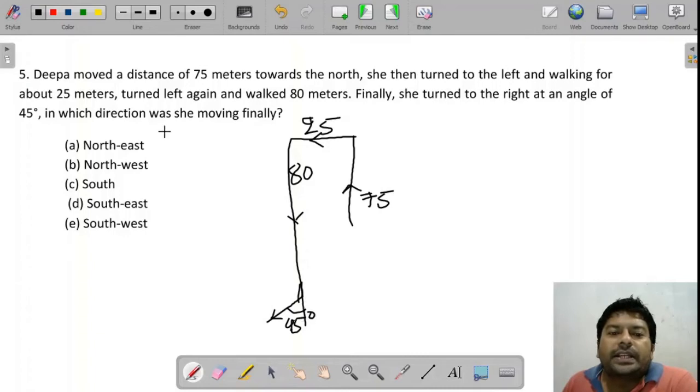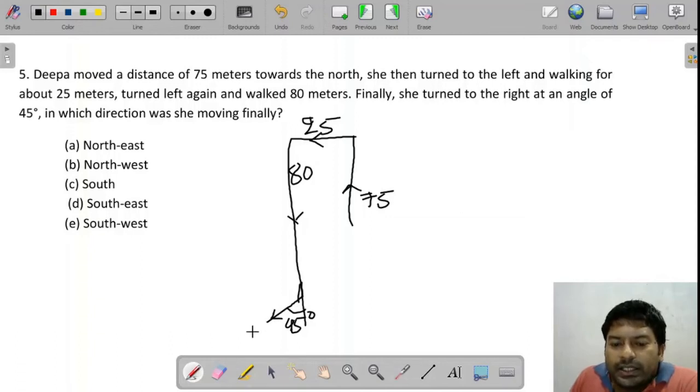Which direction was he moving? He is moving in this direction. First he traveled north, turned left, walked 25 meters, turned left again, walked 80 meters. Then at this point, after traveling 80 meters, she has taken a 45 degree turn to her right.